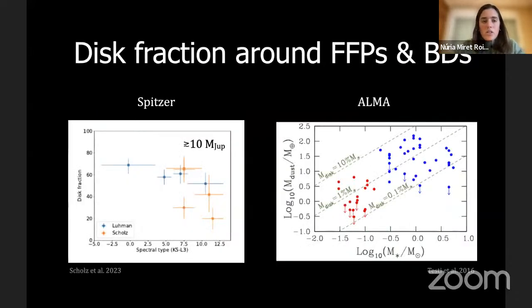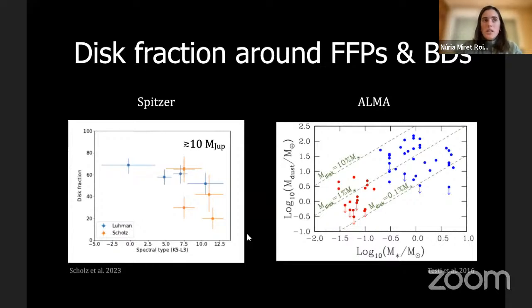And finally, also for completeness, another parameter that gives us a lot of information about the formation of these objects is the disk fraction. So stars, we know that stars are formed with a disk surrounding the star. So the presence or not of such circumstellar disks around brown dwarfs and free-floating planets is also telling something about their formation mechanism.